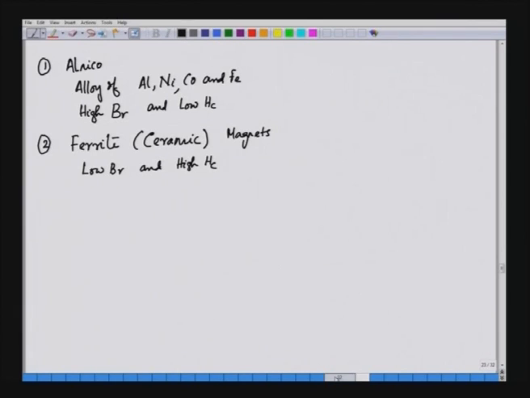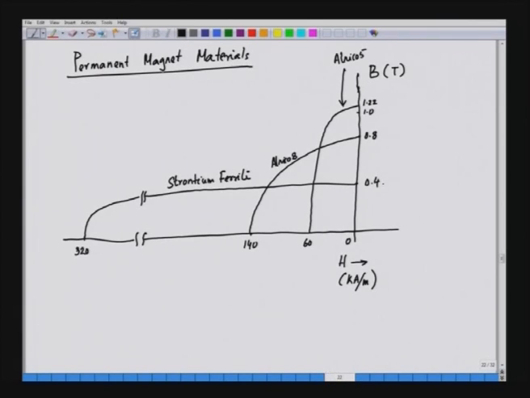As we are seeing here, in this case we have low Br, very low here. The residual flux density is only 0.4 Tesla, but H is 320 kiloampere per meter. This is strontium ferrite.